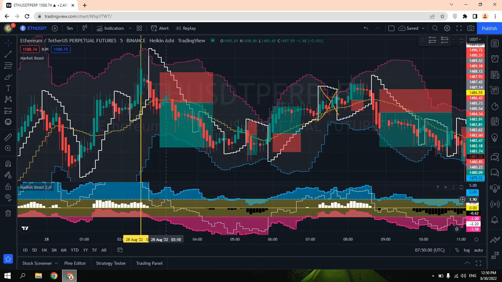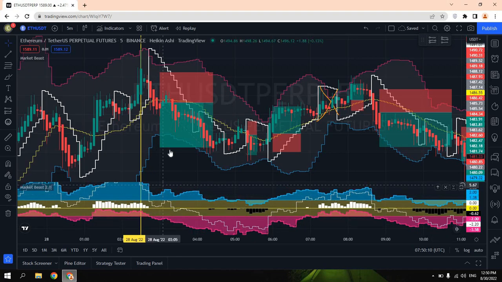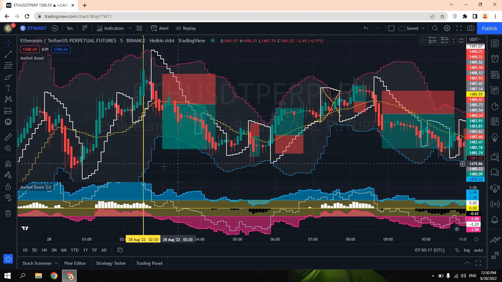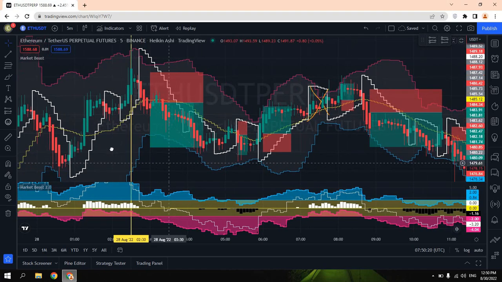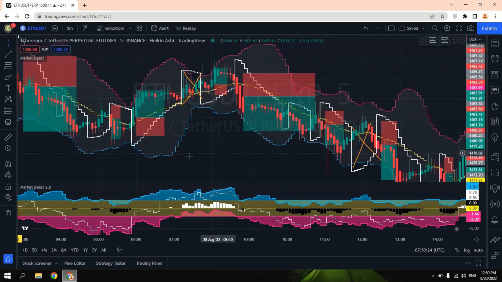But before that, we will always see these conditions, the Market Beast 2.0 condition, that the pink area should be greater than the blue area. When we practice, we will know how to take trades, so don't worry about anything. Let's see how we took these entries. I took all of these in front of you.